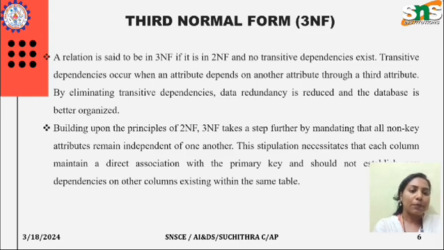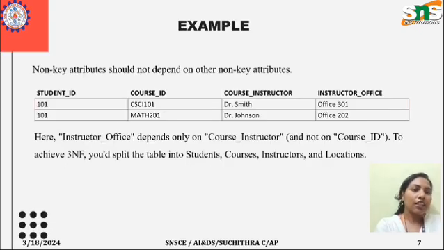Building upon the principles of 2NF, 3NF takes a step further by mandating that all non-key attributes remain independent of one another. This stipulation necessitates that each column maintain a direct association with the primary key and should not establish dependency on other columns existing within the same table. We'll see the example. Non-key attributes should not depend on other non-key attributes.